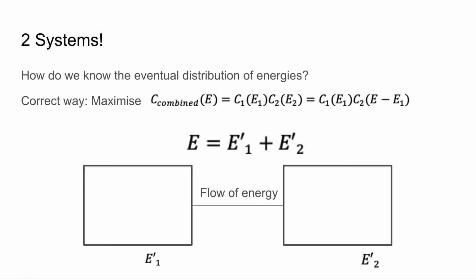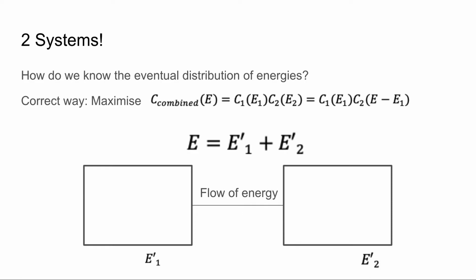And we want to maximize this, and this total number of microstates is dependent on one quantity. It's dependent on the energy E1, because once you know the energy in E1, you know the energy in E2 by conservation of energy.